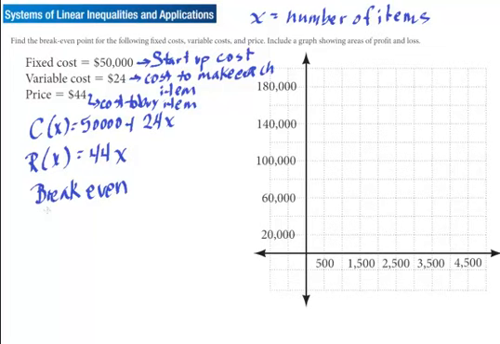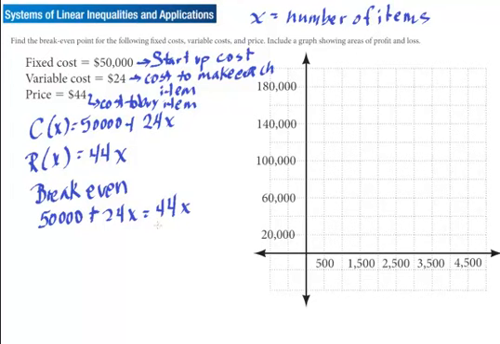So when cost equals revenue, or 50,000 plus 24x equals 44x, that's when you know that you've made nothing for all of your trouble, but everything after that is pure profit.